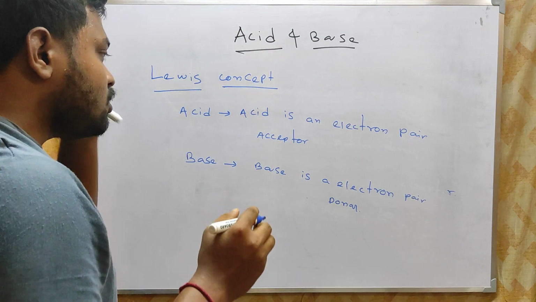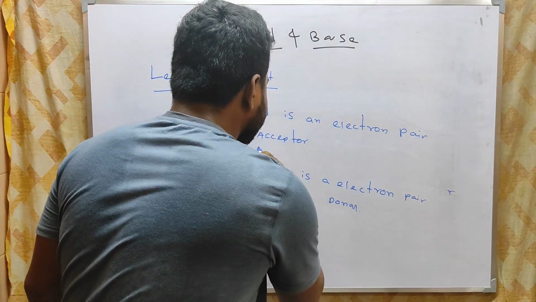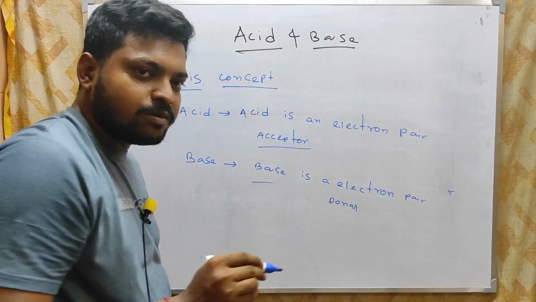Okay, so now look at this definition. Acid is an electron pair acceptor, base is an electron pair donor.